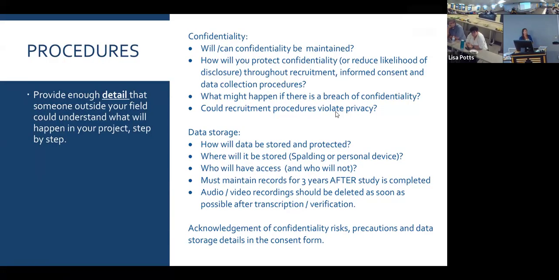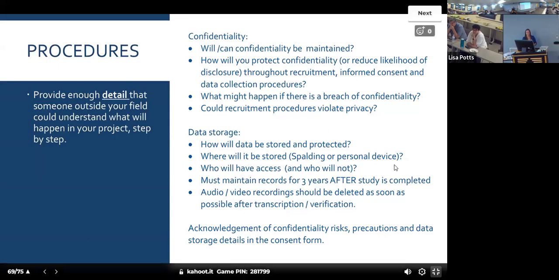More information about how you're going to keep the data confidential, what might happen if there is a breach of confidentiality, acknowledging that risk, considering, like I mentioned earlier, how your recruitment or possibly consent process itself, as well as your other procedures, could be a violation of someone's privacy. I just feel like we've had a lot related to recruitment especially. So taking all these things into consideration.